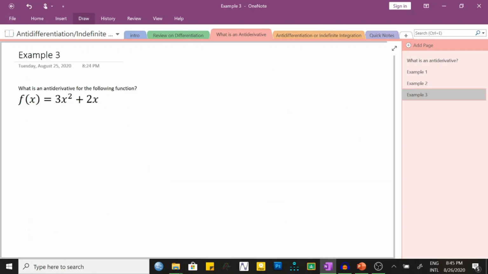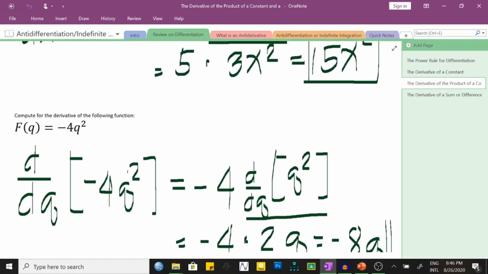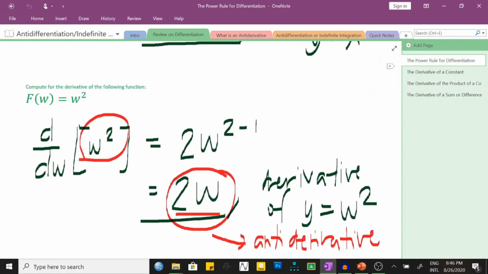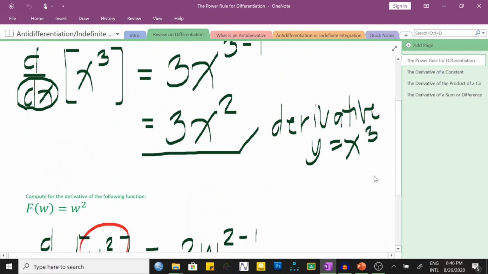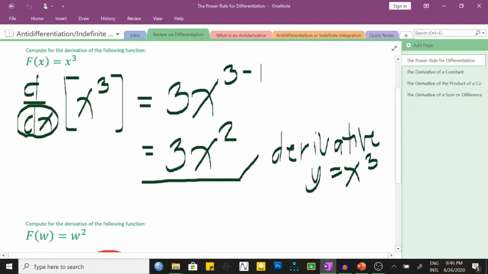Okay, let us have another example of an antiderivative. We have a new function here. The antiderivative of f of x equal to 3x squared. This is familiar, right? That is the derivative of what? Where is that? Here.